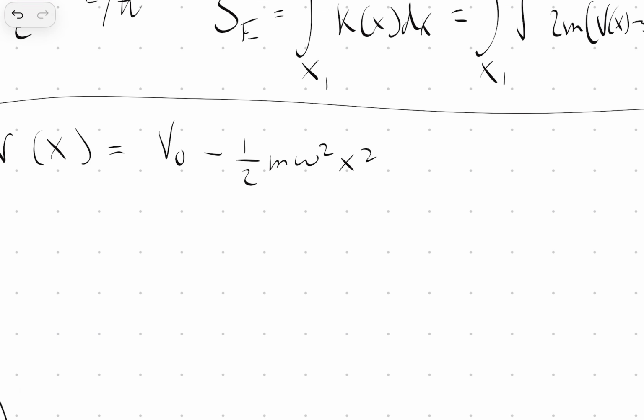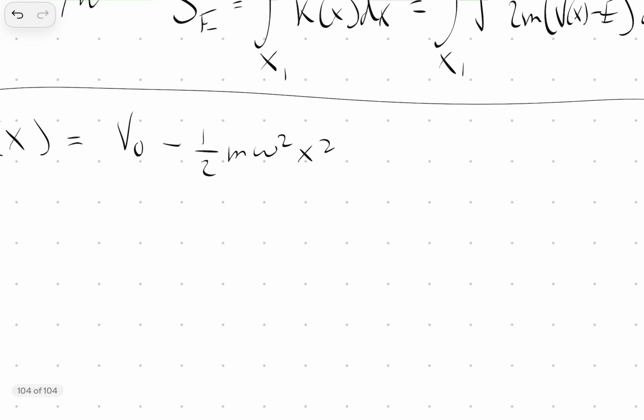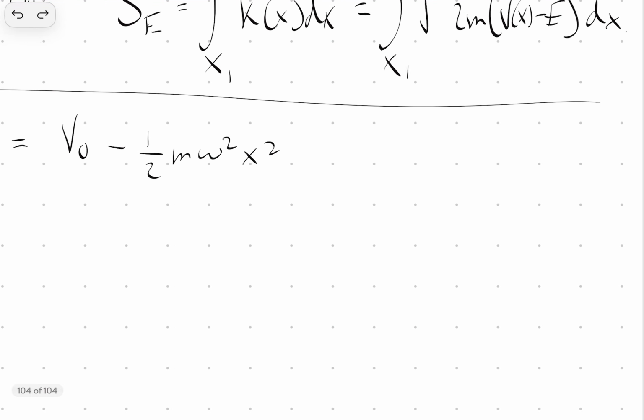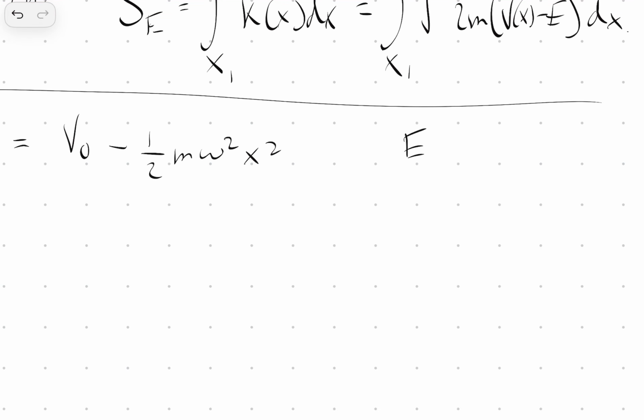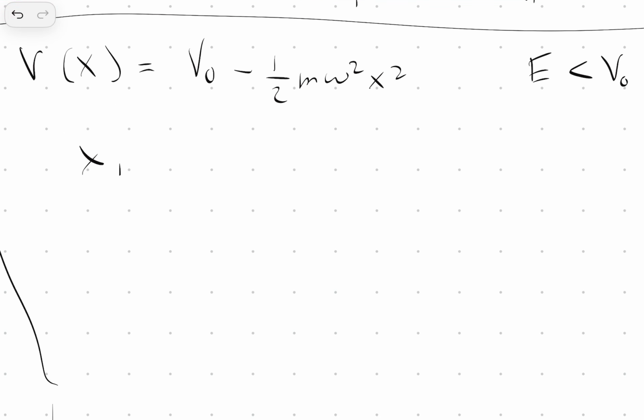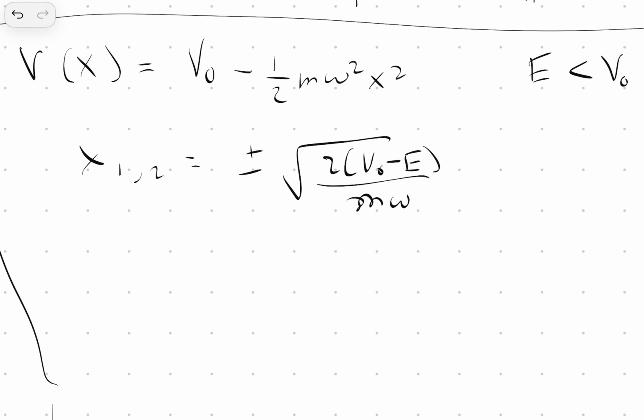We can say a parabolic barrier with the top at this particular value V naught, and for energy E less than the peak potential, the turning points are equal to plus or minus the square root of 2(V naught minus E) over m omega squared.